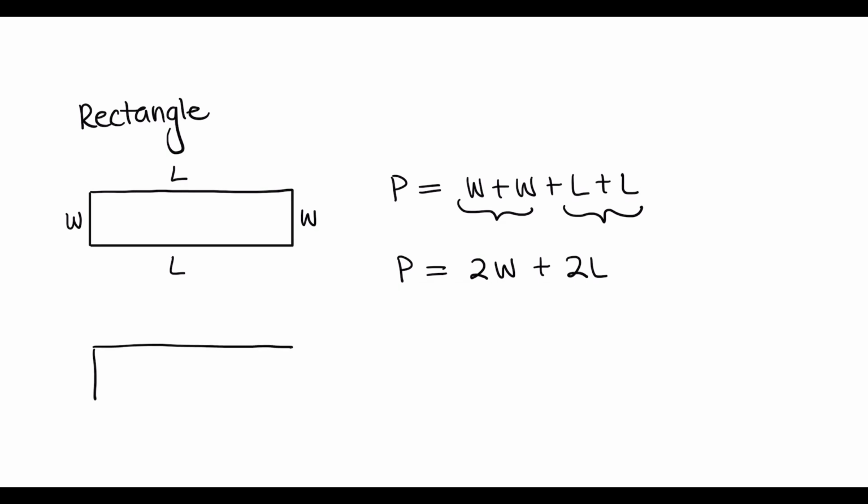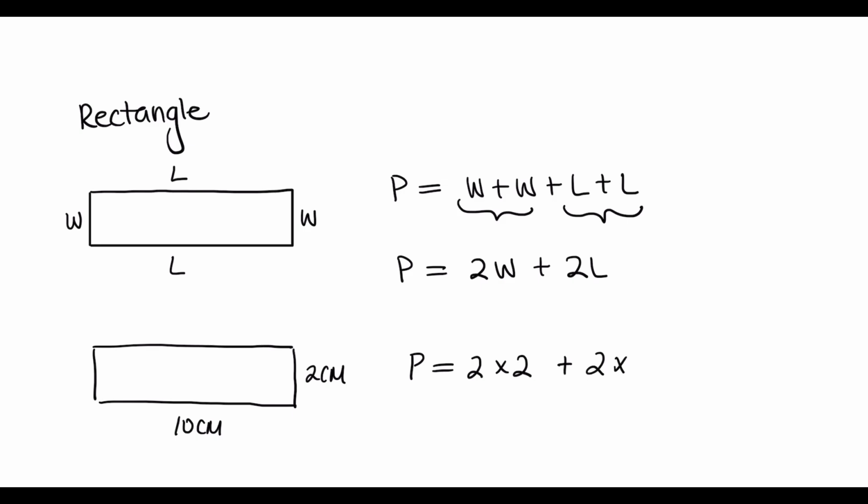So let's say that we are given that our rectangle has length of 10 centimeters and has a width of 2 centimeters. So our perimeter is 2 times 2 plus 2 times 10.